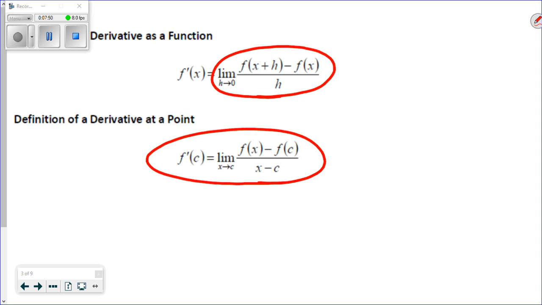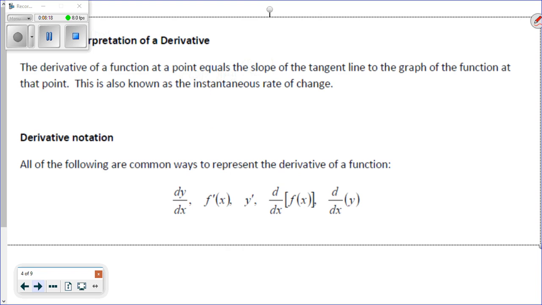The only difference here is we would be given a value for x, so you might be finding the derivative of f(x) at x equals 4, and so in that case c would equal 4. But anyway, it's just a slightly different take on the same concept. I'm not going to get bogged down in that too much, but you do want to be familiar with both derivative definitions.